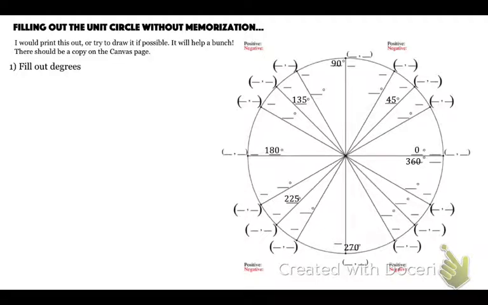Plus 45 is 270. Plus 45 is 315. And then the last one is we're just going to add 30 to get the rest of these. So it's going to be 30, 60, 90, 120, 150, 180, 210, 240, 270, 300, 330, and then 360.